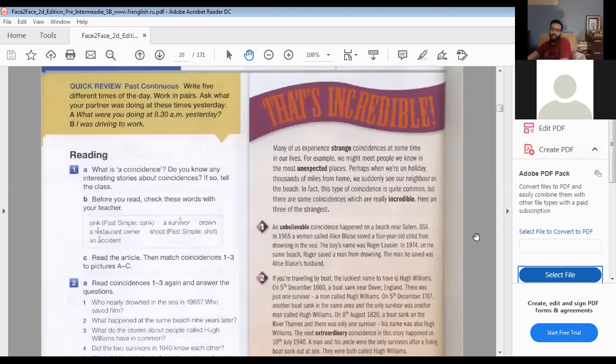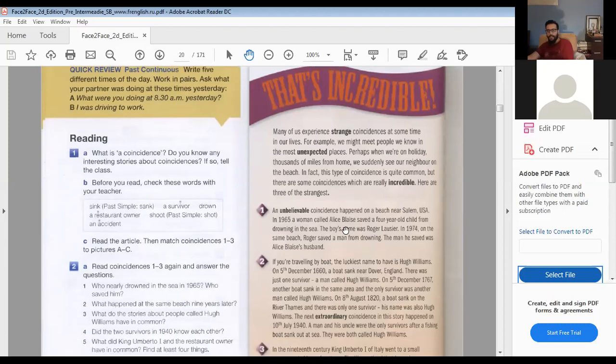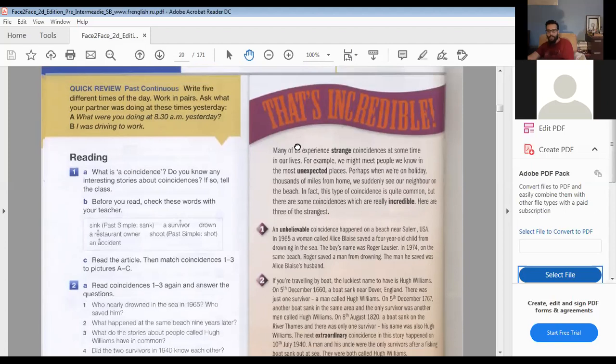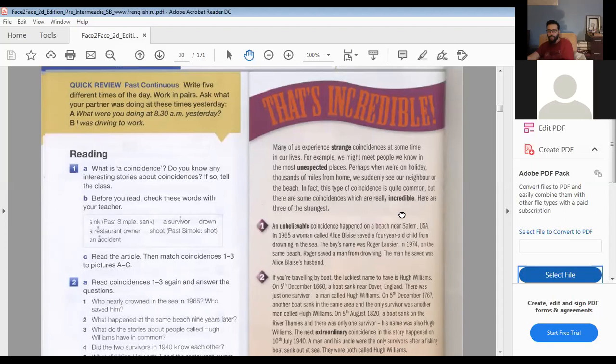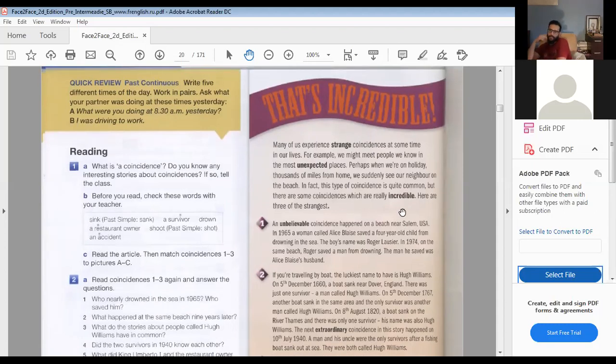You can start reading, Malak. No, sorry, I mean, read the article on the right side. Can you see the right side? Yes. So first of all, before you answer, you need to read it. Many of us experience strange coincidences at some time in our lives.